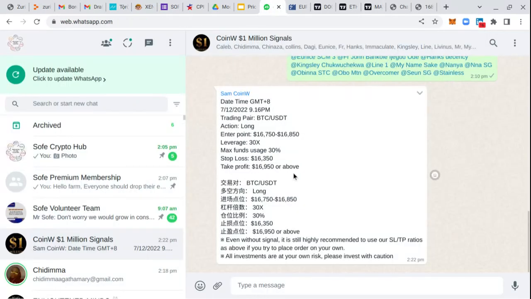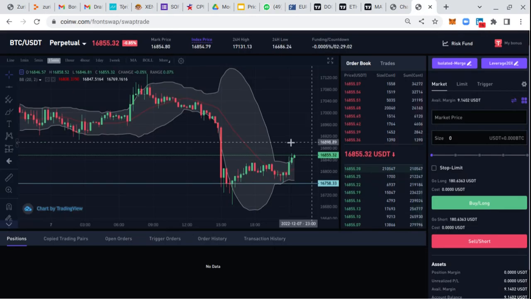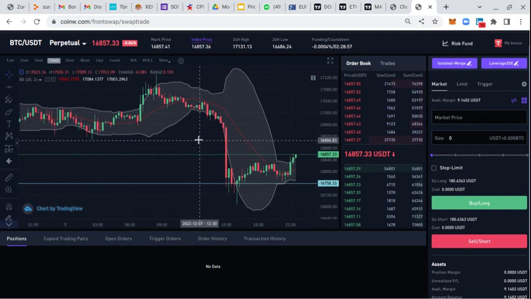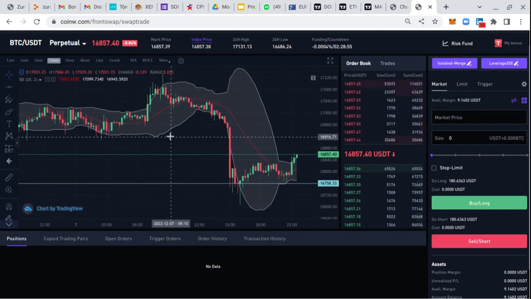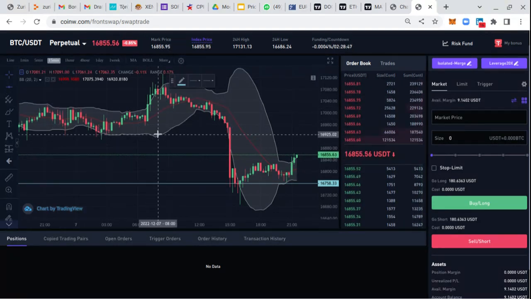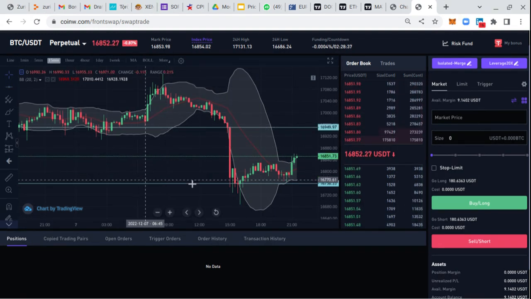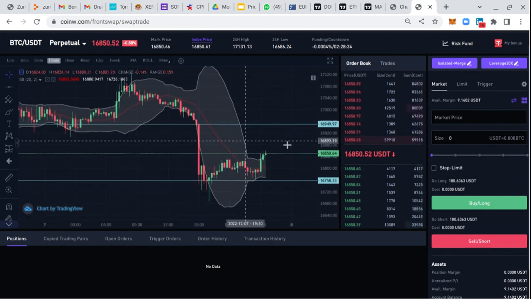Okay, and here's the take profit. Take profit is 16950. If I enter at this point, I might not make so much profit, and depending on my leverage, I might not even hit my take profit. Look at this part now, where the signal take profit is.